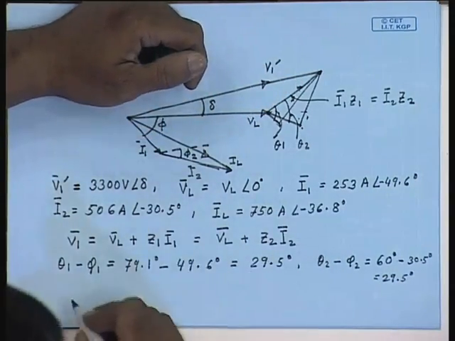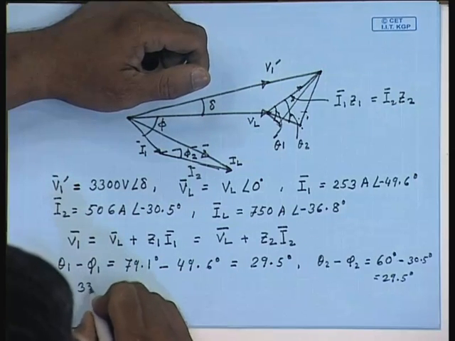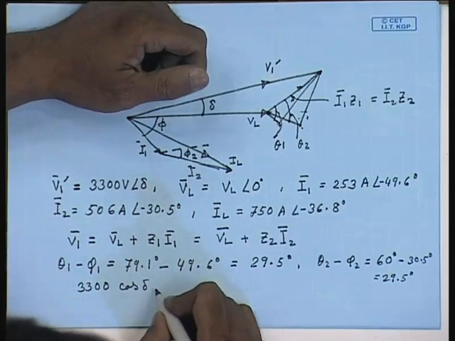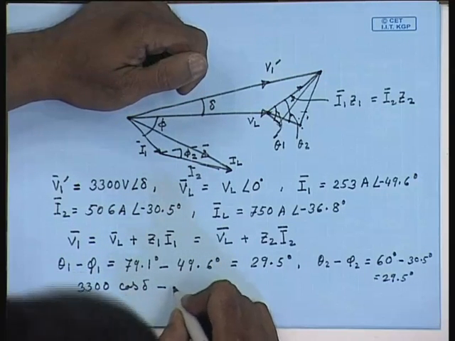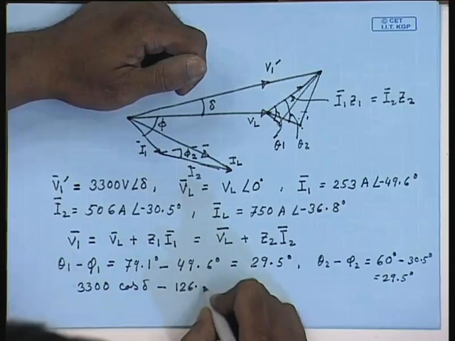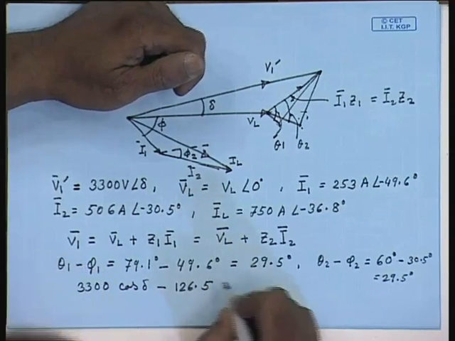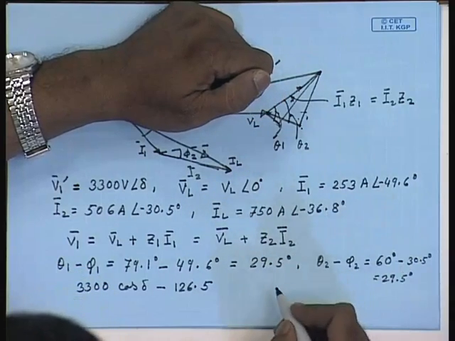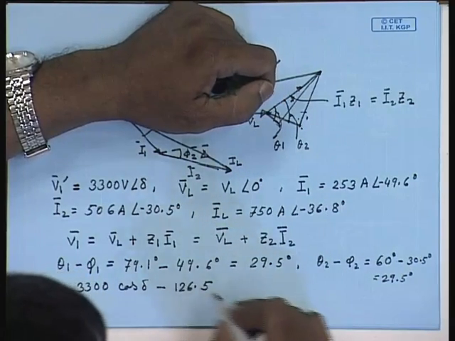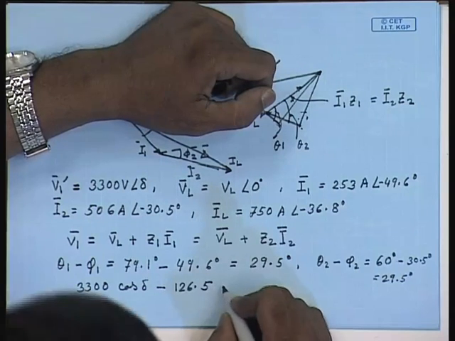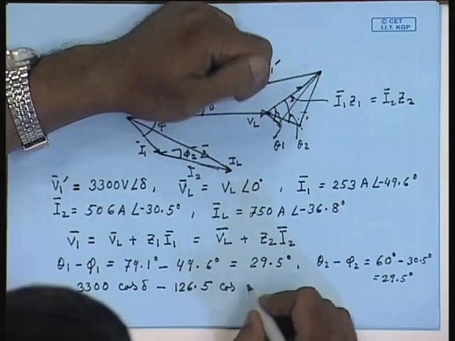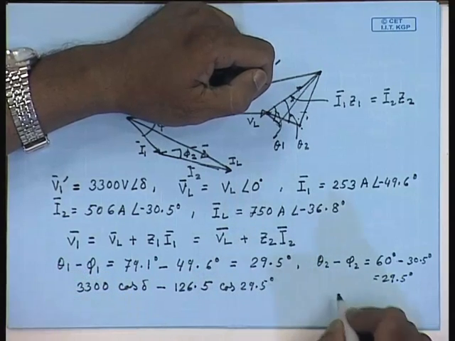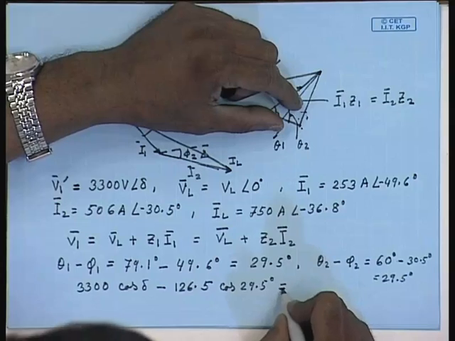So, we can write from this phasor diagram 3300 cos delta plus minus 126.5, which is 0.5 into I1, Z1 I1 cosine of 29.5 degrees, that will give you VL.